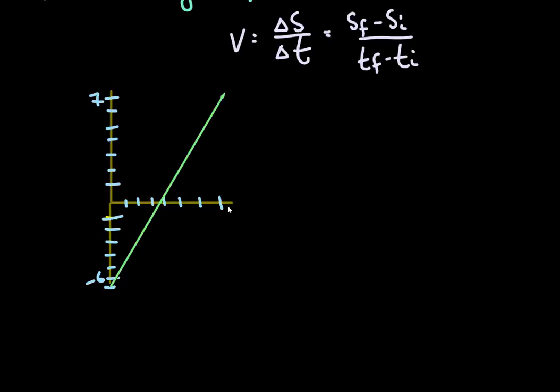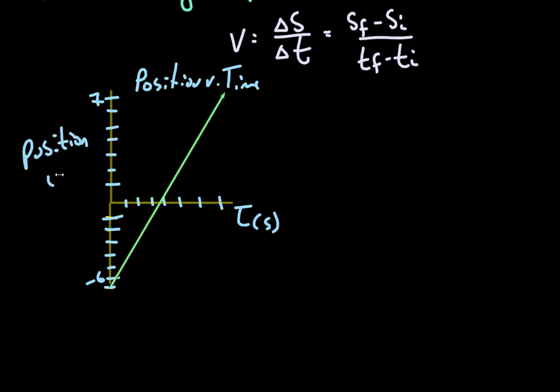So what would we call this graph? We'd probably call this position versus time. Here's time in seconds, and here's position in meters. You notice we just have a straight line here.